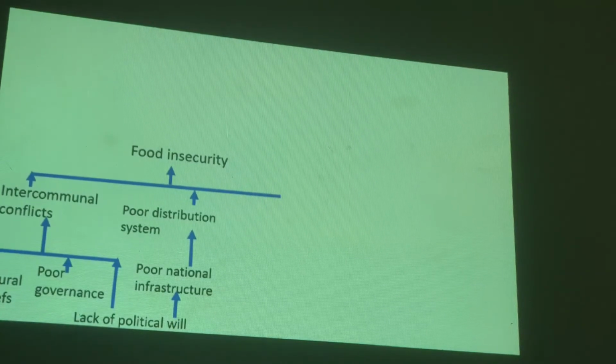Food insecurity can also be a result of poor distribution system. And poor distribution system can be a result of poor national infrastructure. And then again, lack of political will can also contribute to poor national infrastructure.